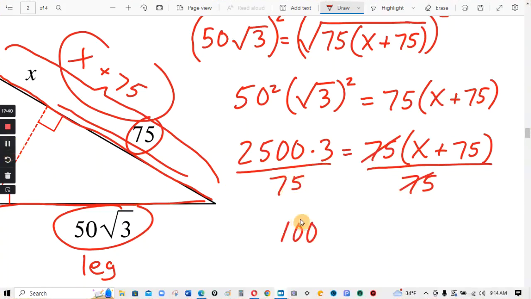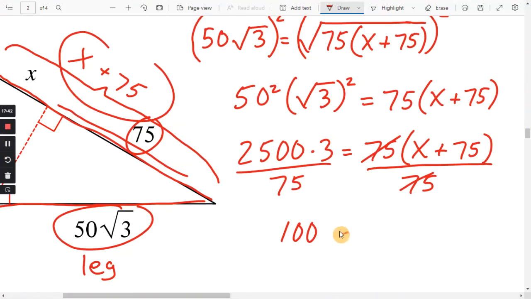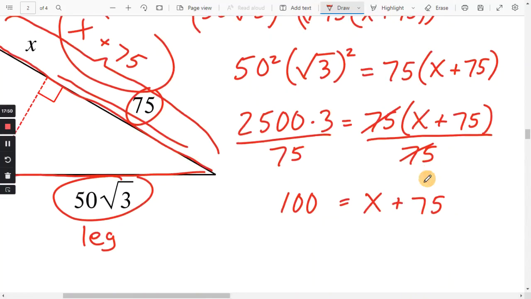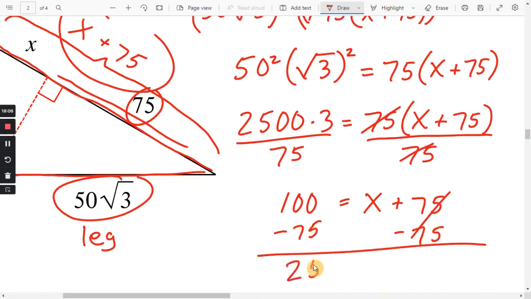And I just get 100. And that's going to equal x plus 75. So on many of these problems, before you distribute, maybe you can just divide both sides by that number. And now it's easy. The opposite of plus 75 is minus 75. Cancels here. 100 minus 75 is just 25.